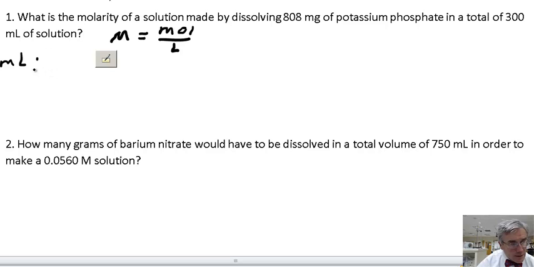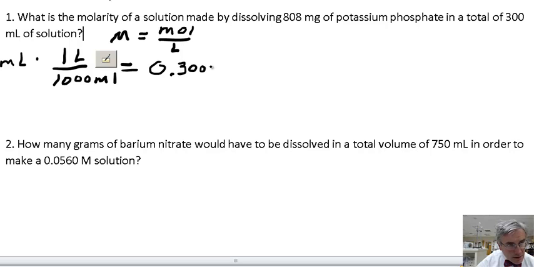We use our conversion, 1 liter divided by 1,000 milliliters, and that gives us 0.300 liters. So that's the volume we're working with.